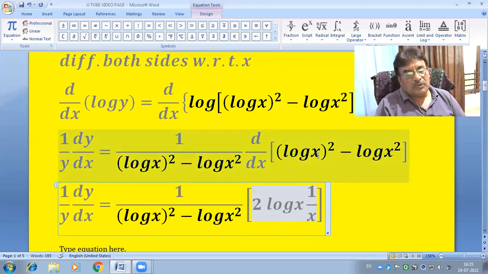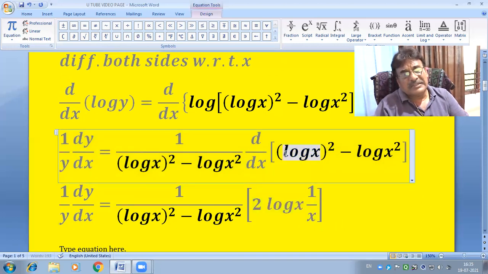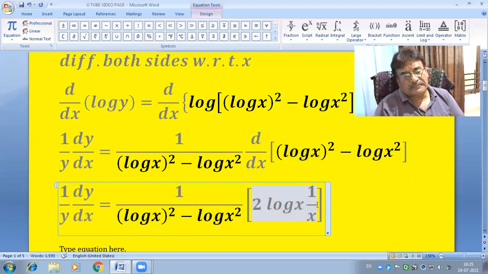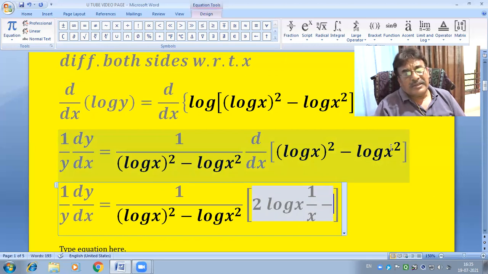Here d/dx of (log x)²: f(x) is replaced by this log x. Therefore, here 2 log x to the power 2 minus 1, that is 1, so log x into d/dx of log x, 1 by x, minus d/dx of log x².